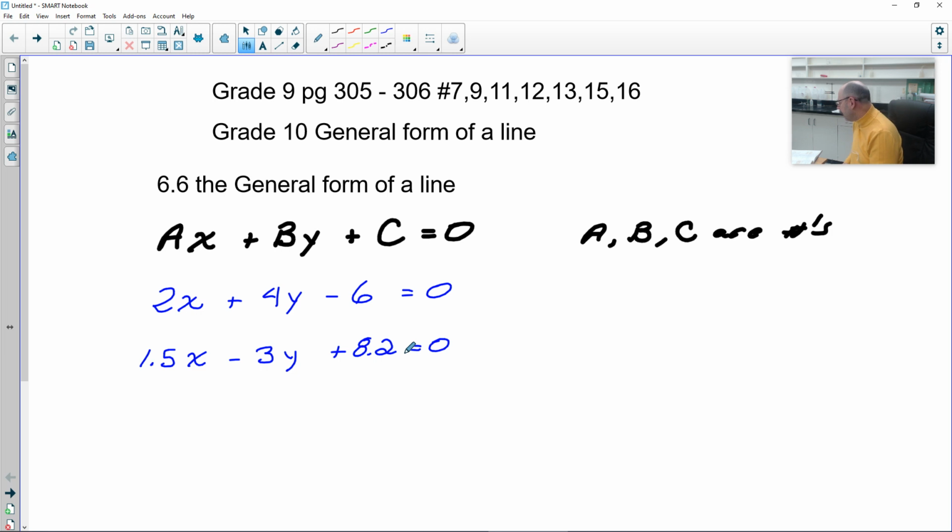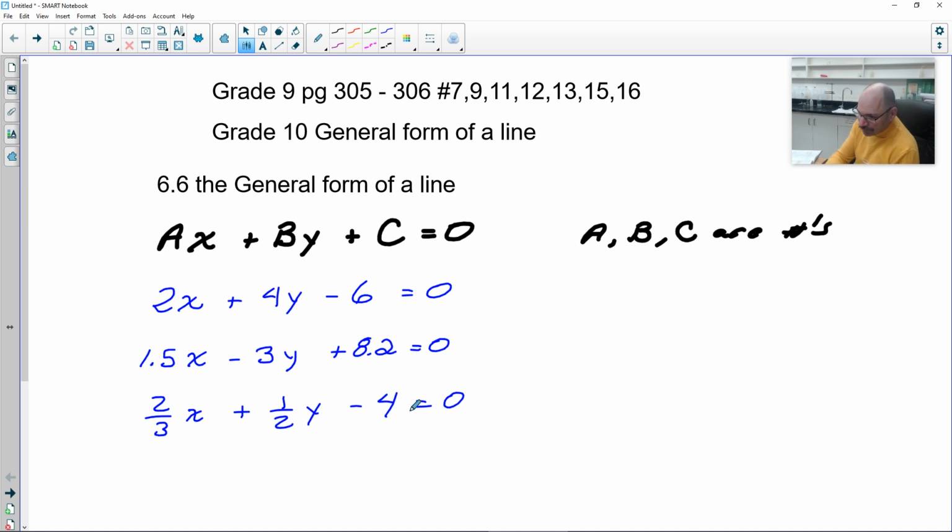So it could have decimals, could have fractions. So you could have 2/3 x plus 1/2 y minus 4 equals 0. So you'll notice that it's always x, y, number, 0.